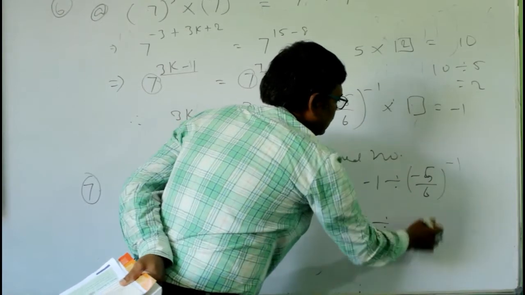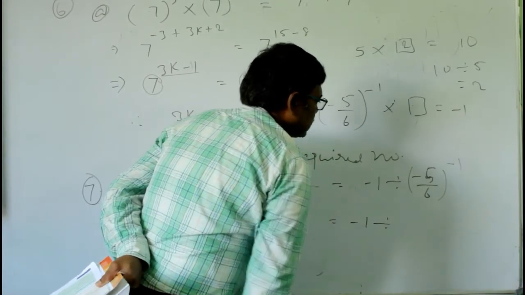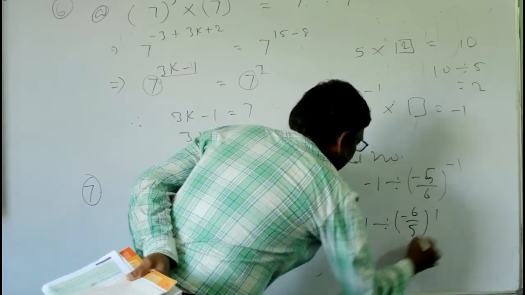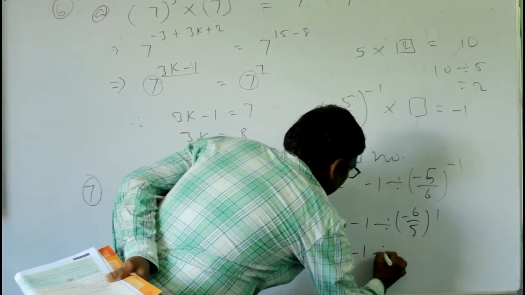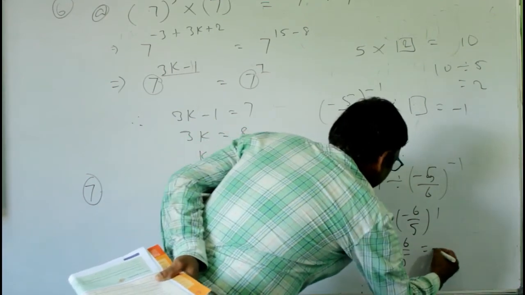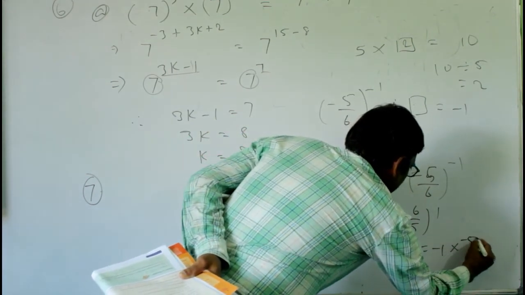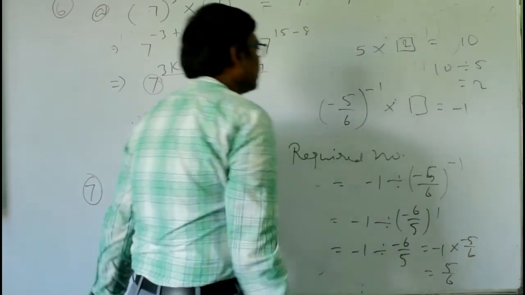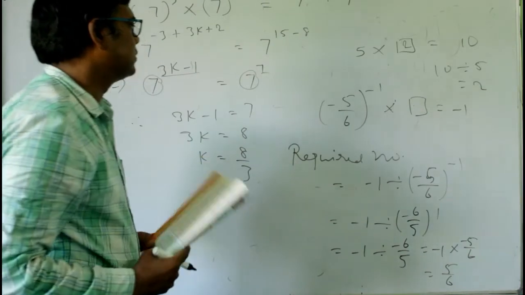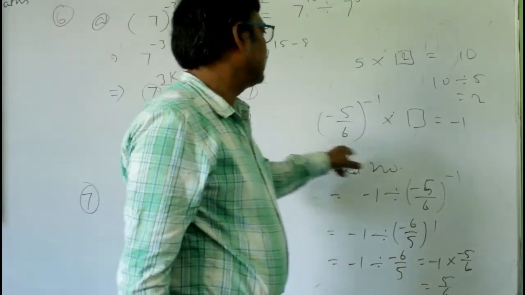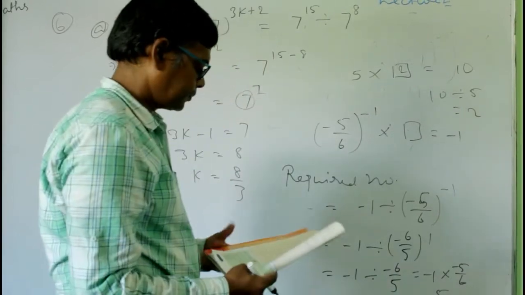If you make the power positive, it will be the reciprocal of -5/6, which is -6/5, with power 1. Then -1 divided by -6/5 becomes -1 into -5/6. That is, the answer is 5 by 6. So the required number is 5 by 6. When you multiply this number with the given one, the answer will be -1.